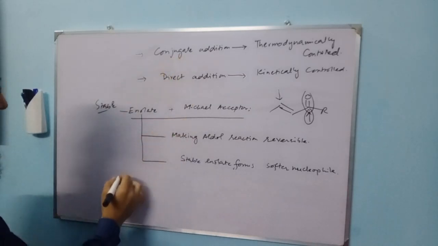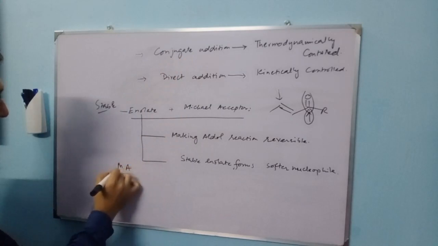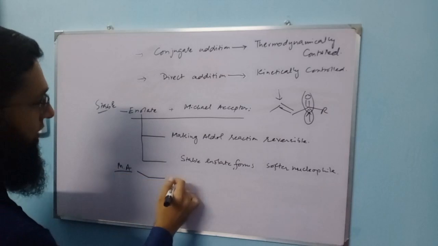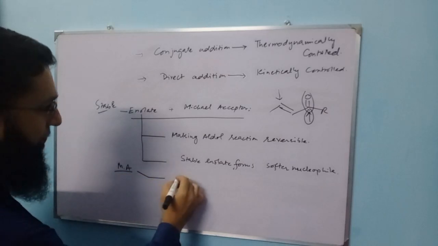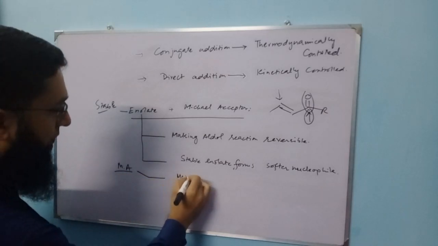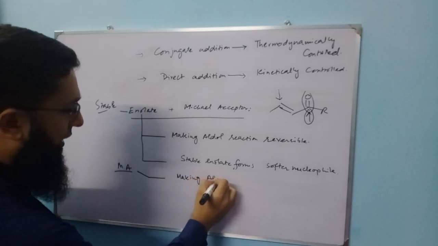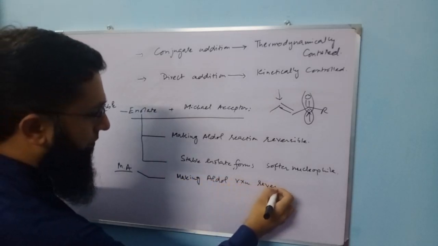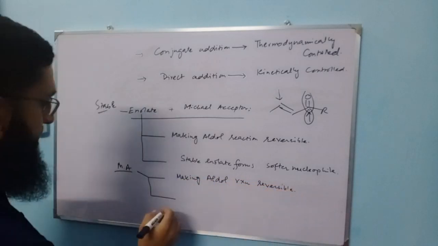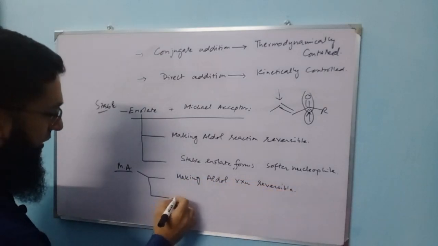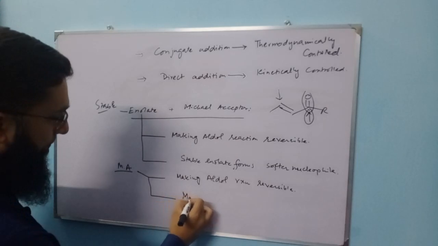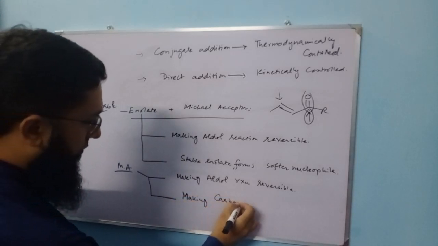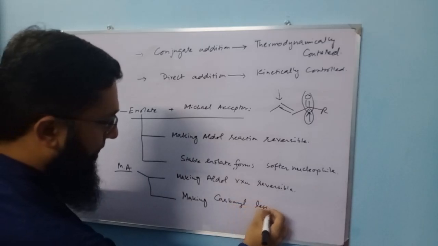And the Michael acceptor can also promote conjugate addition by making the aldol reaction reversible, and secondly by making the carbonyl less reactive.